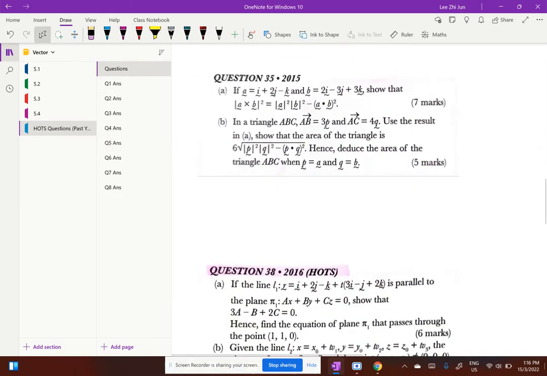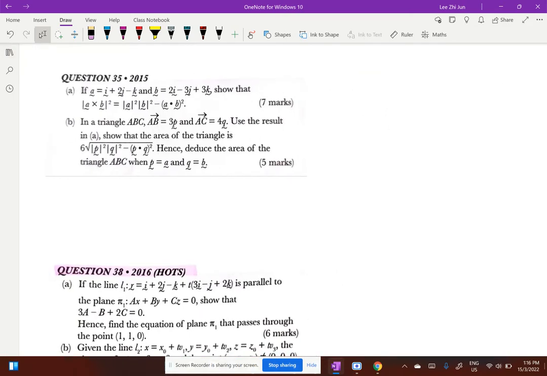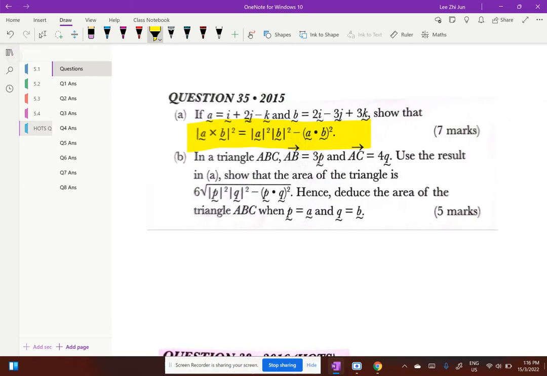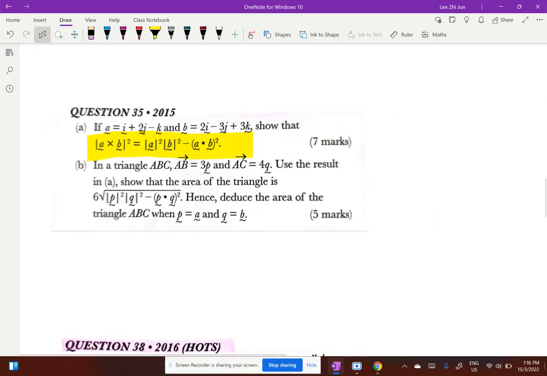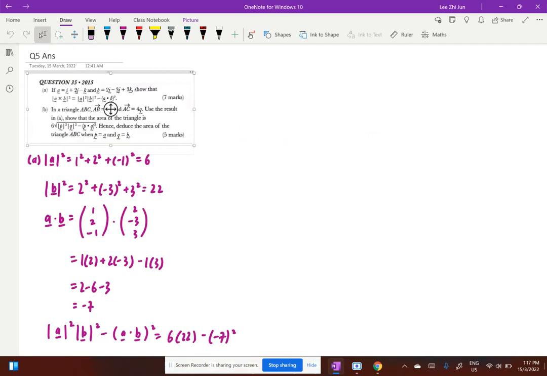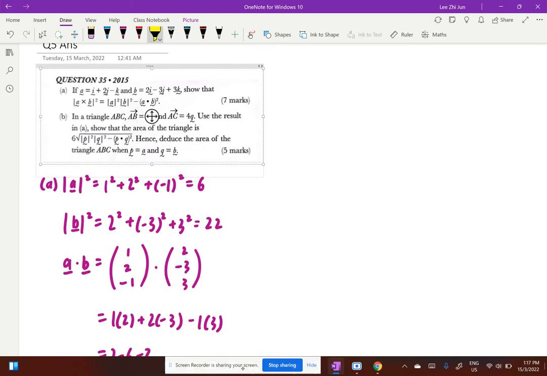So for the question left, this show that in the triangle, I also explained before in chapter 5.3, but because I think that this one is one of the hot questions, I explain one more time here. So if A equals to this and B equals to this, show that the cross product squared equals magnitude squared minus dot squared.